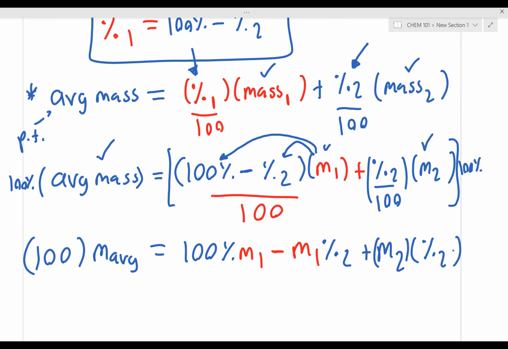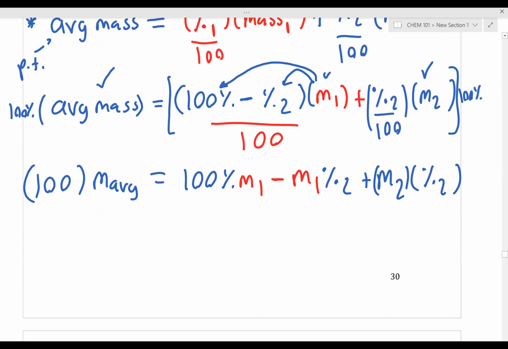Is our percentage of isotope 2 getting more and more isolated? Yeah. So what we're next going to do is use a little bit of pattern recognition here. First things first, we need to move this 100% term to the left-hand side. So we're going to subtract 100% times M1 from both sides.